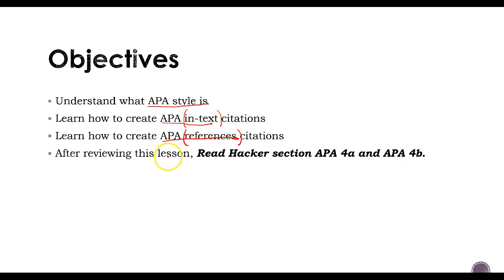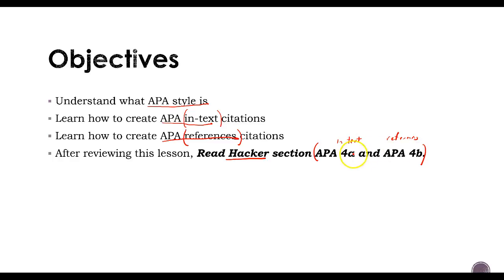After this lesson, before moving on to the next one, I want you to read in the Hacker book section APA 4A and APA 4B. So these two talk about how to cite in APA style. 4A talks about in-text citation, and 4B talks about references.